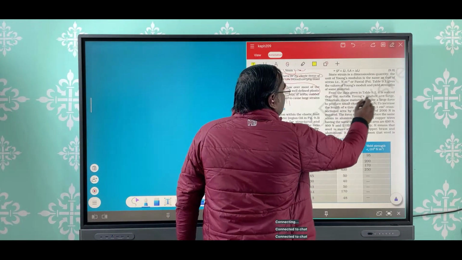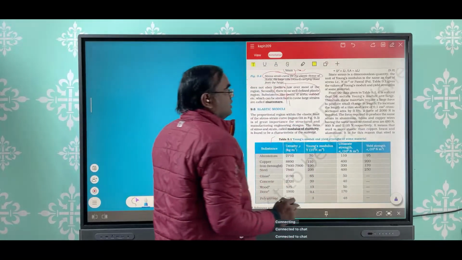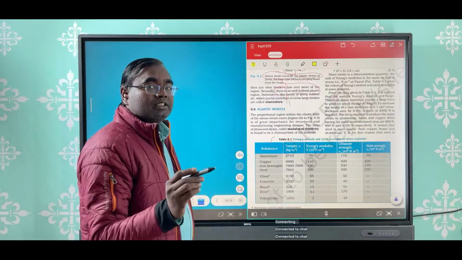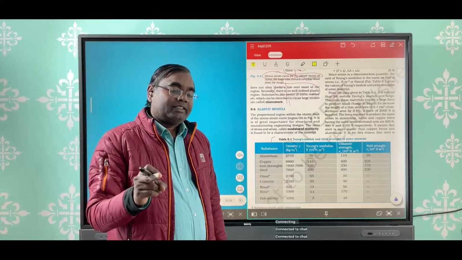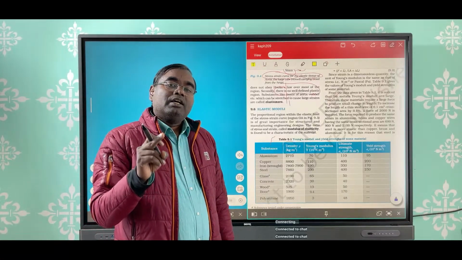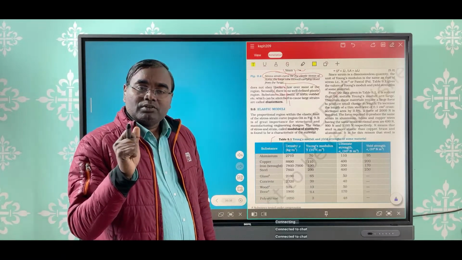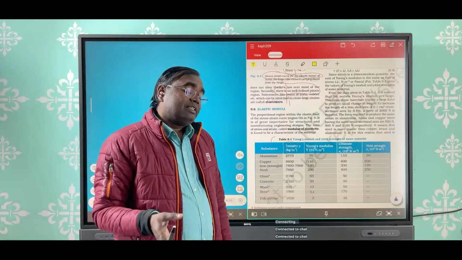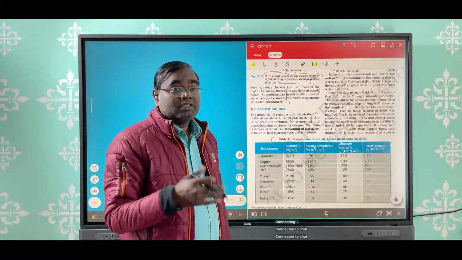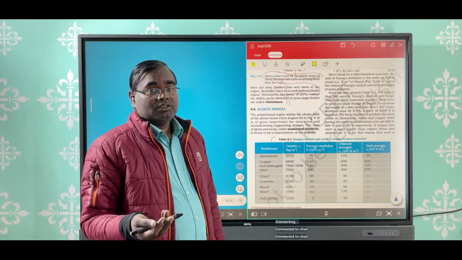It is noticed that for metals, Young's modulus is large. For metal, Young's modulus is large, and if modulus is large, that means that metal is of good strength, having good elasticity. So why are we measuring these parameters, Young's modulus, modulus of rigidity, and bulk modulus?